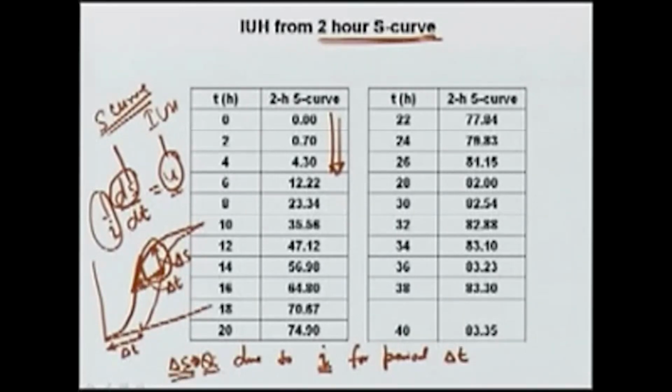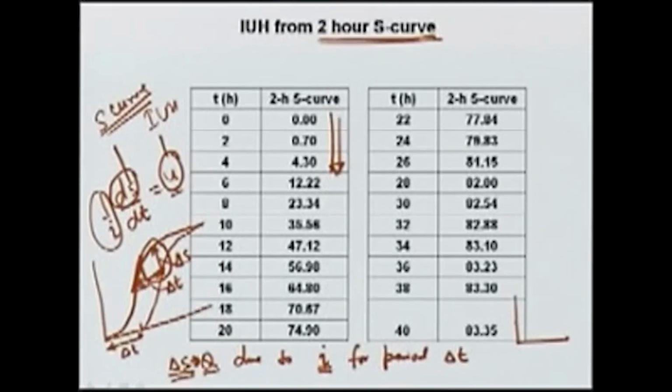Since we have shifted by an amount delta t, it represents the amount of runoff which occurs because of two rains, one of intensity I continuously, the other of same intensity but shifted by delta t.